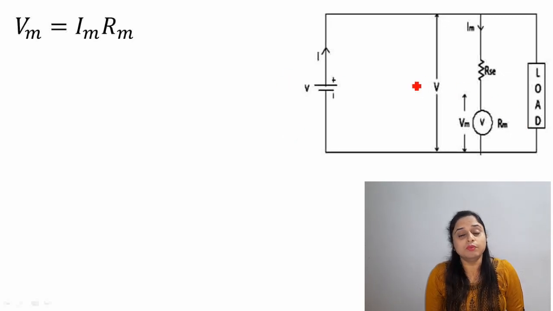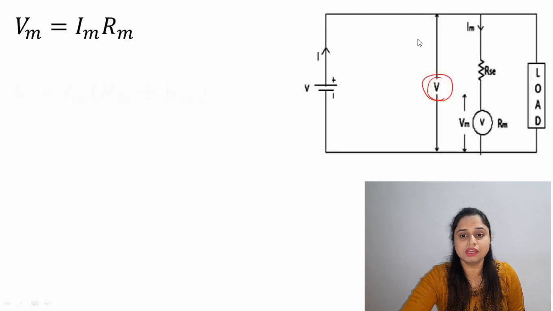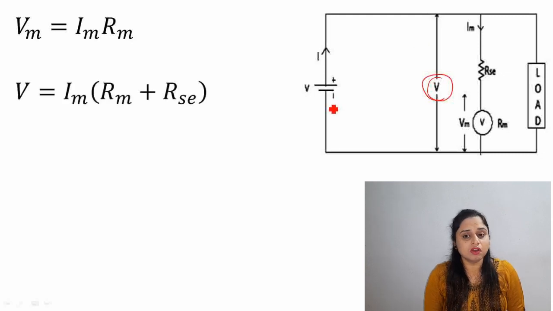And we can write one more equation for the complete voltage, that is the load voltage. Across the load, what will be the voltage? We can write Im into RSE plus Rm into Im. This is the complete equation. Taking Im as common, we write Im into Rm plus RSE. This is the voltage across the complete load.